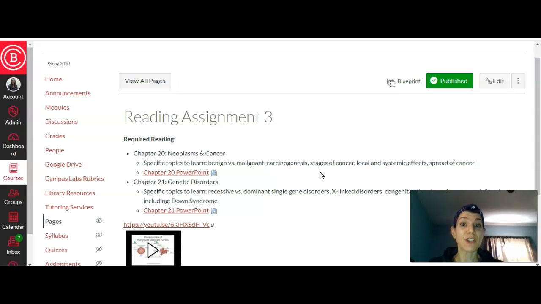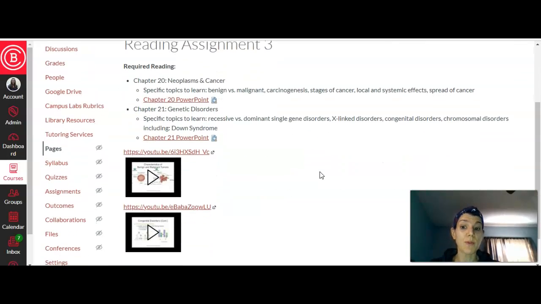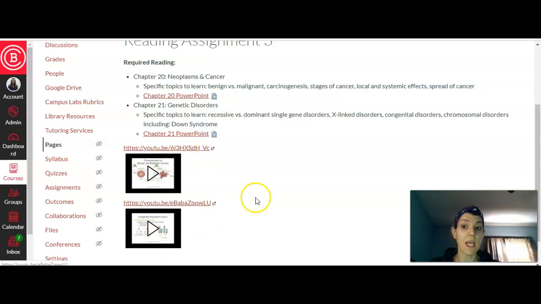These topics actually go really well together because there are some genetic conditions that can have a predisposition for cancer. We'll get into more of that in class. Now, for those of you that I don't see in class due to the Martin Luther King holiday, that is if your class is on Monday, I have already posted the videos, as you can see here.